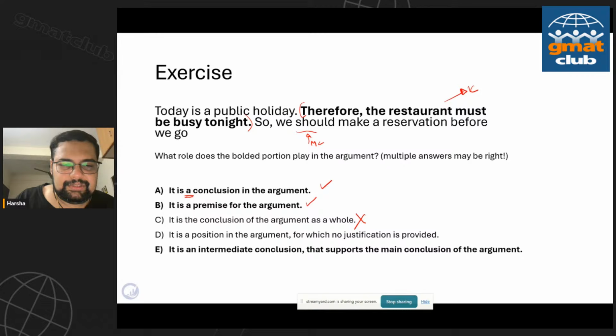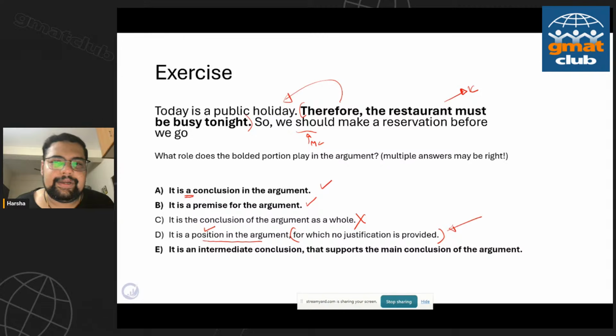I'm happy to see none of you went for this. Most of you didn't go for this. "It's a position in the argument" is true. This portion is not wrong at all. Where is the issue? "For which no justification is provided?" No, it's justified, right? I am arriving at the idea that the restaurant must be busy tonight based on the fact that today is a public holiday.